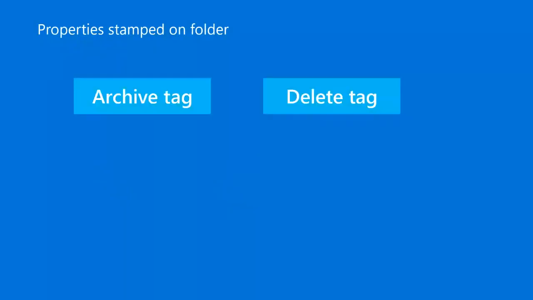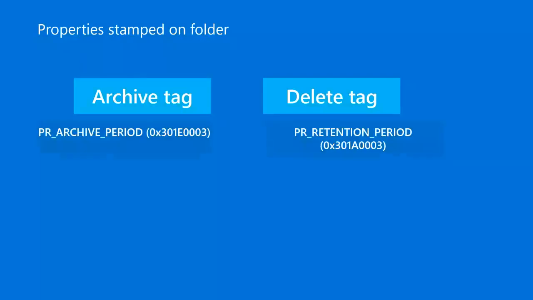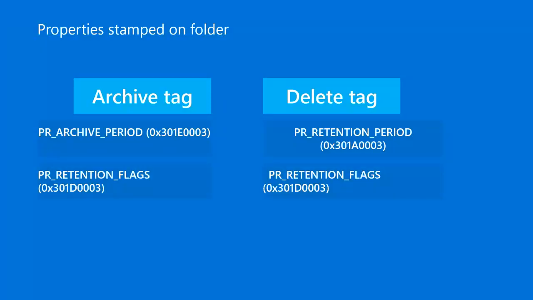So, a few examples of the properties that we'll be looking into when you want to identify what policies or tags are applied on a folder. Archive tag: if you go in and look into the archive tab, you'll identify the archive period, when it is expected to expire or be archived, and the tag applied to it. Same goes with the delete tag.